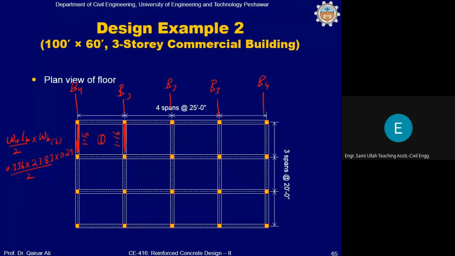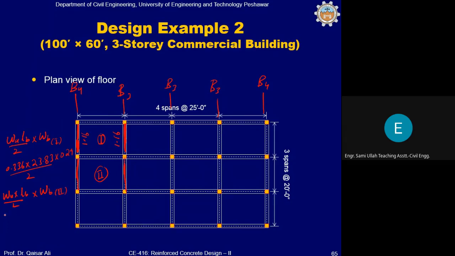Similarly, load acting on the interior panel. This load will come from panel 2. This will be equal to WU LB divided by 2 multiplied by WB of panel 2.